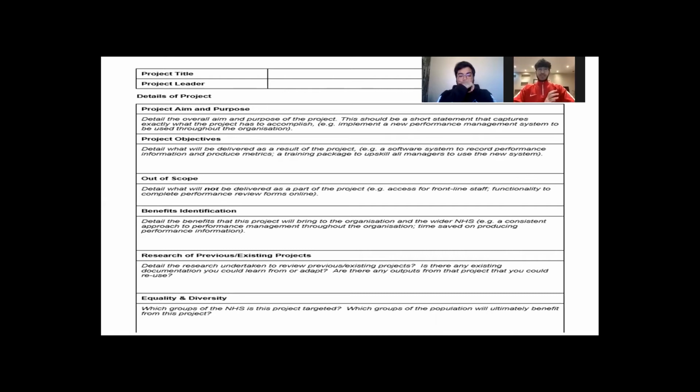These 7 things you must have in your project scope statement, and this is the example. Me and my teammate decided what the project aim and the project objective are, and we wrote everything about our project.